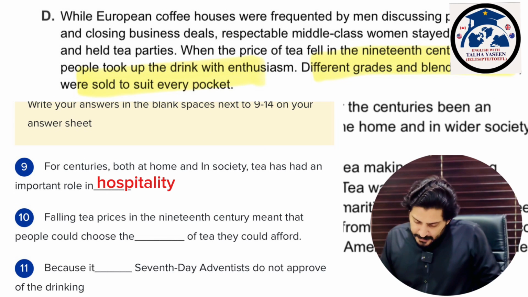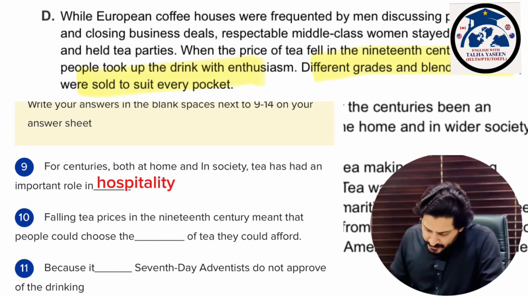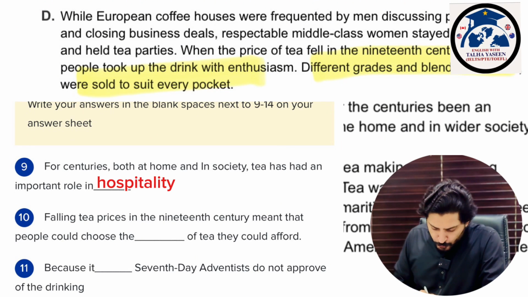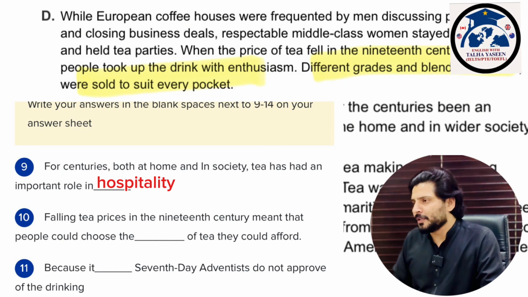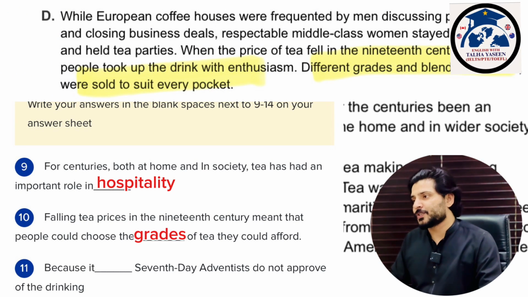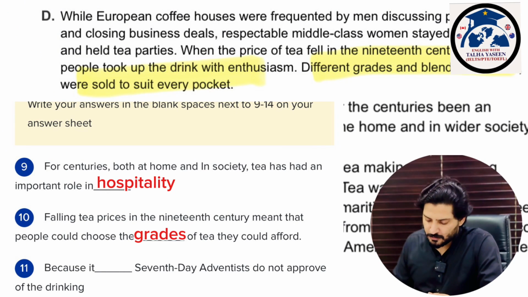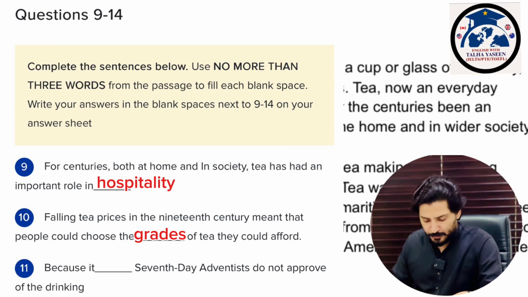When the tea price fell in the 19th century, poor people took up drinking with enthusiasm. Different grades and blends of tea were sold to suit every pocket. Every pocket means they could afford. So we can write grades, blends or different blends. If you write blends, grades, different grades or different blends, all will be right options.